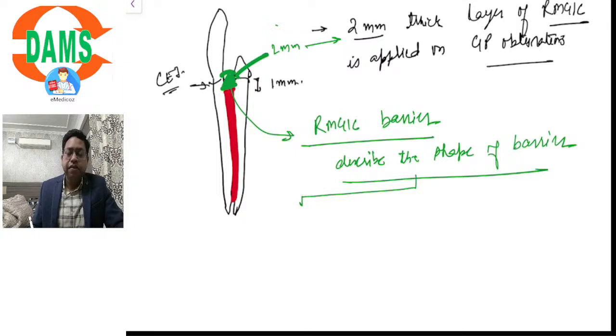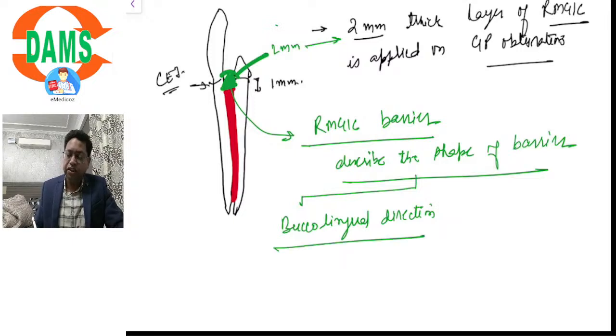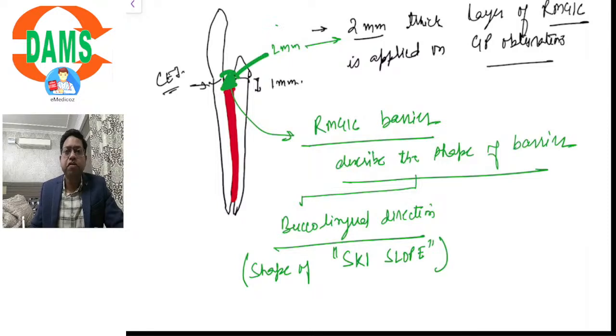In the buccolingual direction, when we see the tooth in the buccolingual direction, this barrier has the shape of a ski slope. You must have seen the mountain slopes used for skiing. A similar shape is produced in the buccolingual direction.